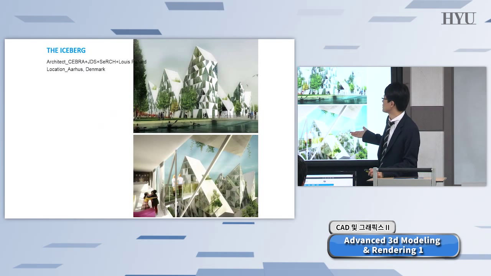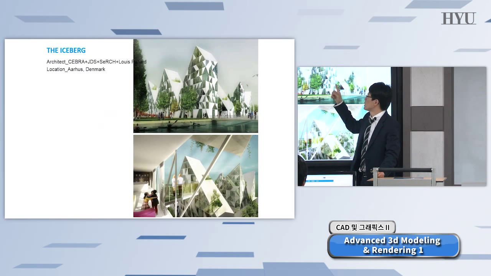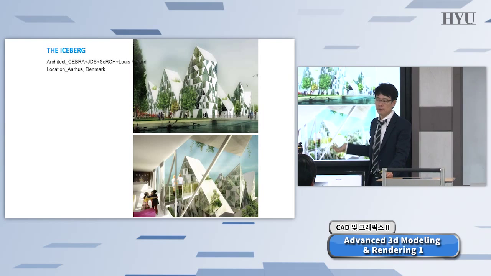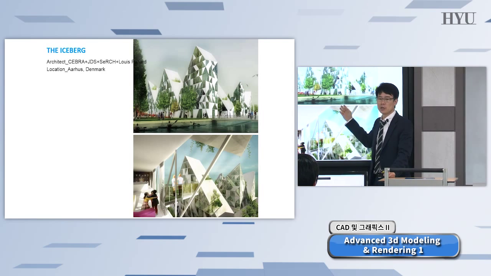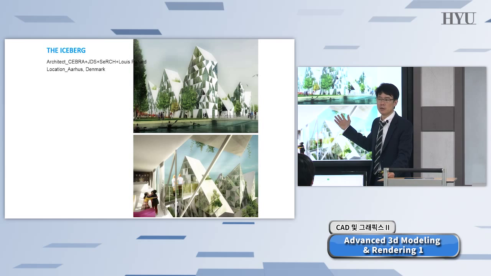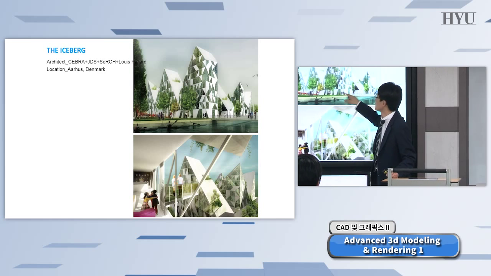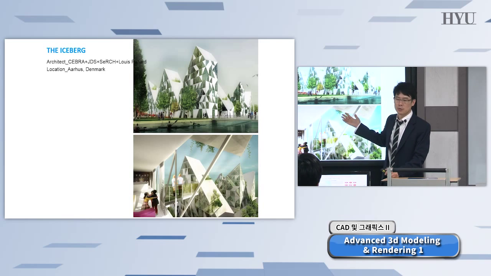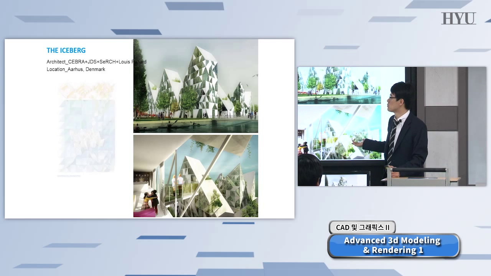Iceberg, next case. When you see this building shape, we can easily find out this one is kind of triangular shape, diagonal shape building. And even building facade also has same structure, triangular shape. What is it? How to generate this one?